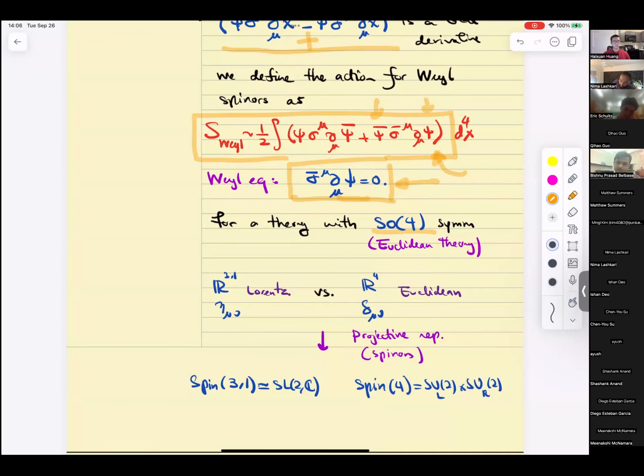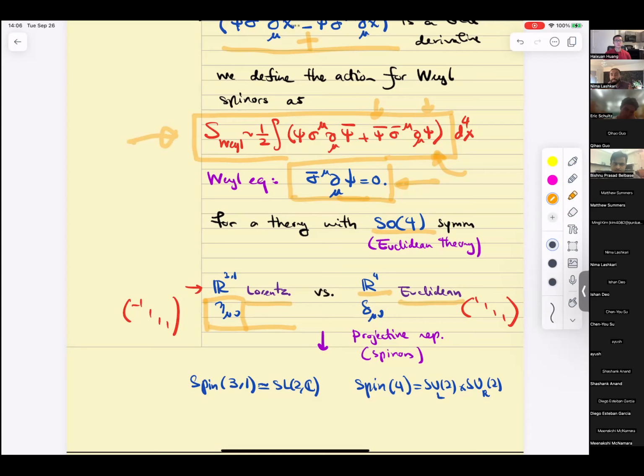So on the left, I have what we should have. What we physically should have, which is a Lorentzian theory where the metric is -1, 1, 1, 1, and the space is R^{3,1}, as opposed to what's called the Euclidean theory, where the metric is 1, 1, 1, 1, and the space is R4. So what I've written down here actually has a name in physics.